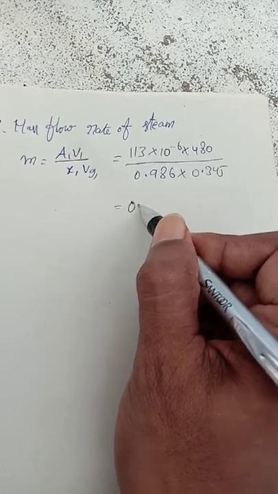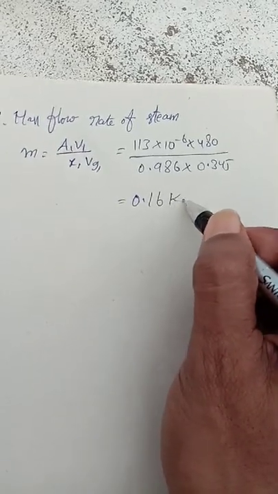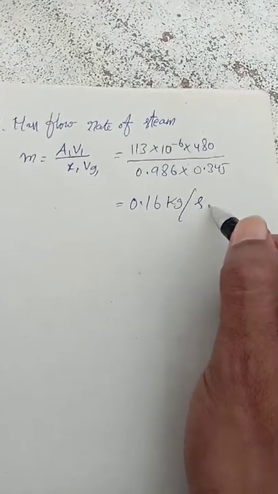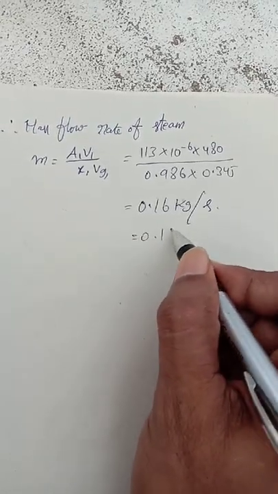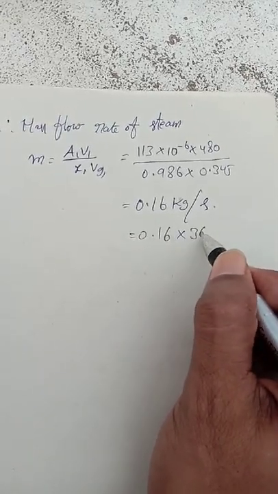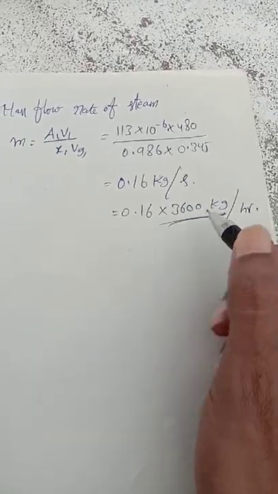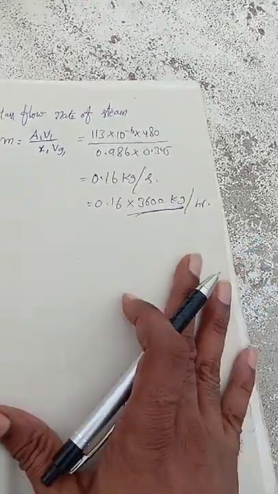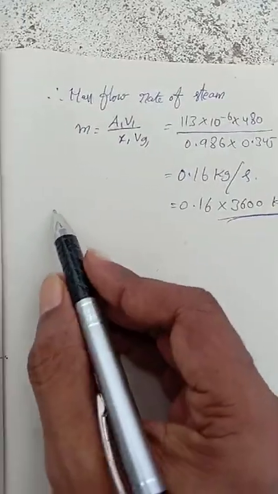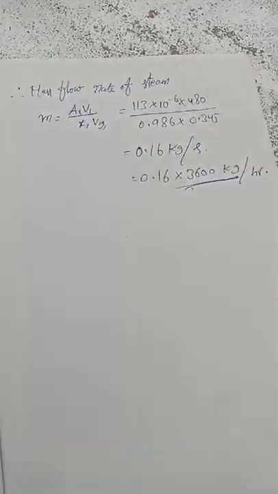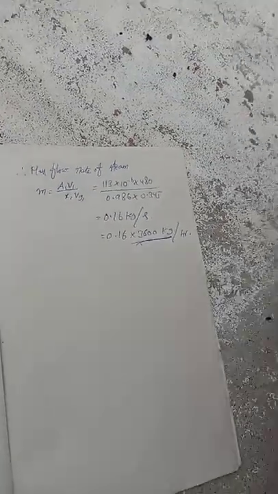Then solve this in kg per second. We need to convert this into kg per hour by multiplying by 3600. Okay, so this is the solution for this problem, to find the mass flow rate. And next we go for another problem.